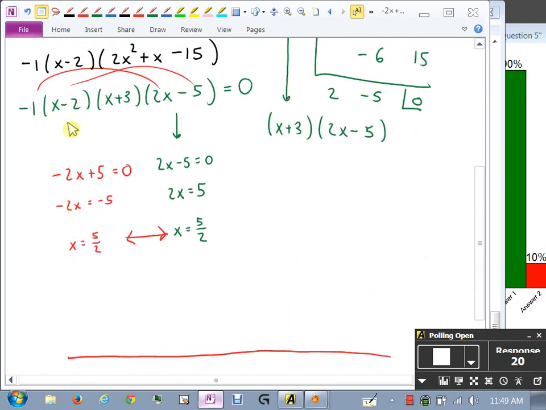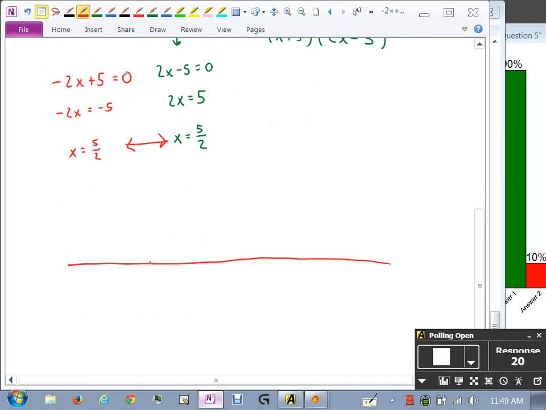The x-intercepts are 2, negative 3, and 5 halves. So here's negative 3. Where's 5 halves in relationship to 2? Is it bigger or smaller? Bigger. So this would be 5 halves, and this would be 2.